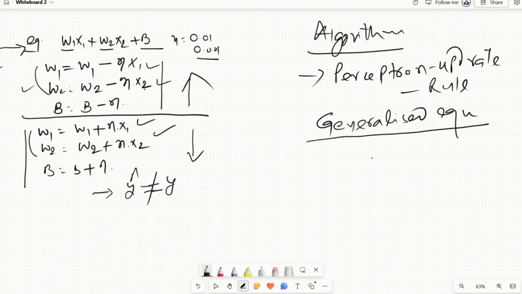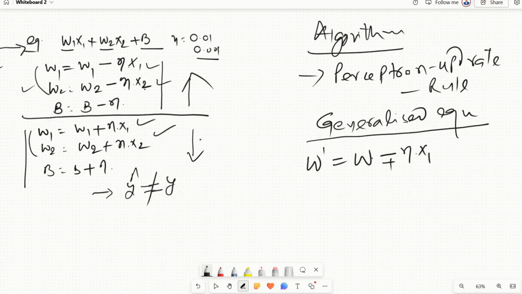Can I write it like this? w dash, which I'm calling the new weight, is equal to w, either minus eta into x1, or plus. There are two signs. If the direction is positive, then it will be minus.